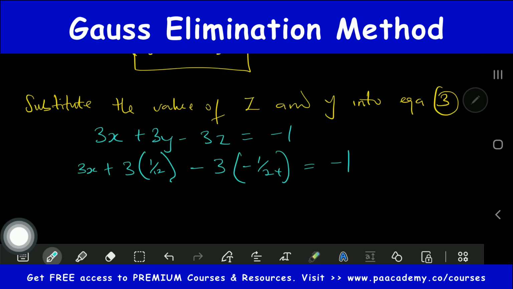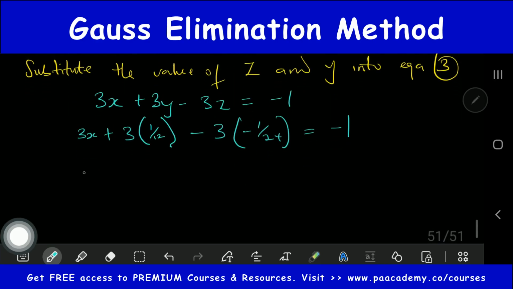If you simplify this, we are going to be having 3x plus, this can divide this to be 4, that will be 1 over 4, plus, minus times minus, we have minus here, we have another minus here, so that will be plus, then this can divide this to be 8, so plus 1 over 8 equals minus 1.